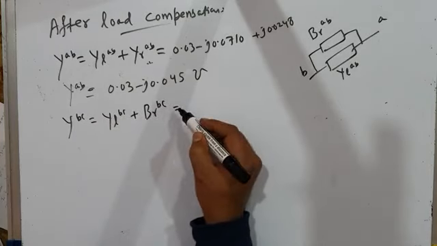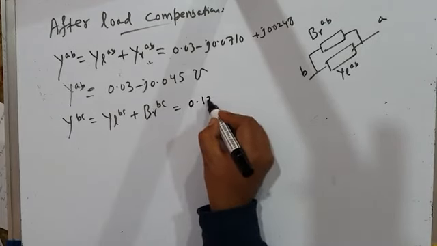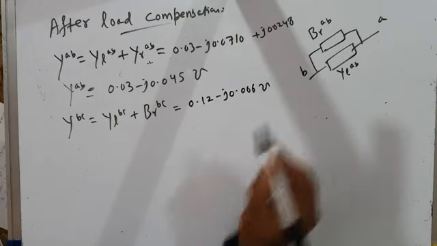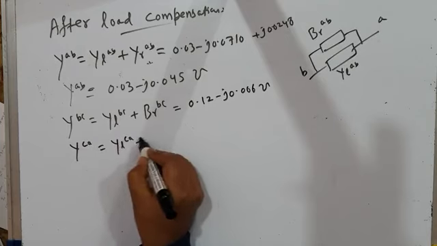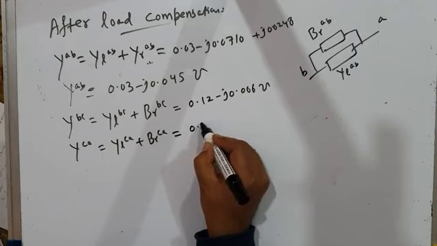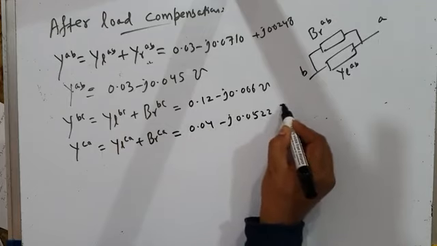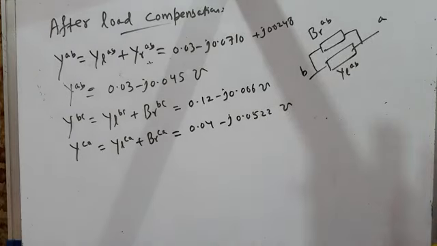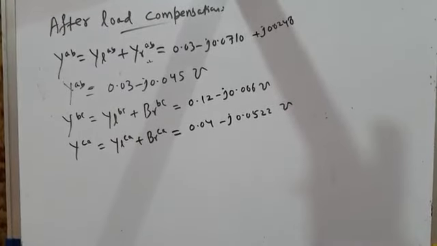When you put the values in and add them up, it comes out to be 0.12 minus J 0.006 mho. And the admittance of branch CA is YLCA plus B gamma CA. You add them up and you will get 0.04 minus J 0.0522 mho.